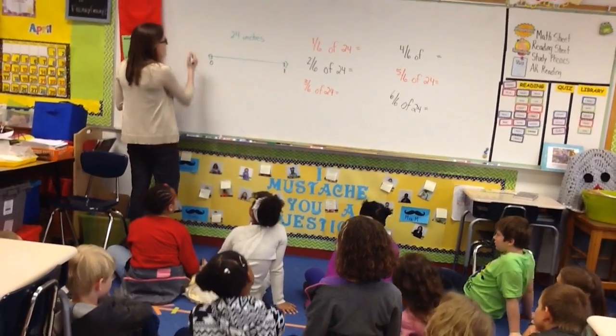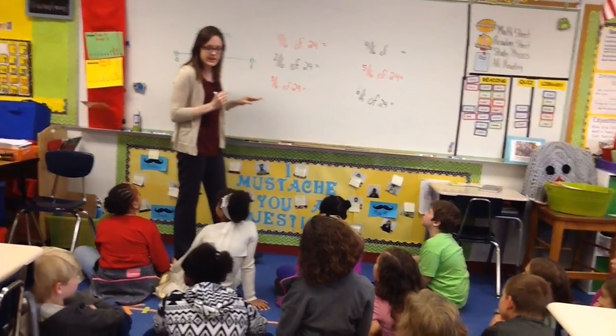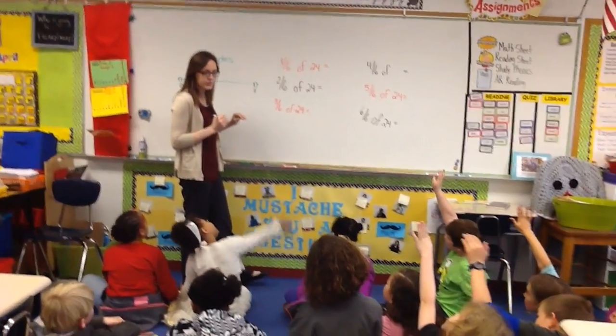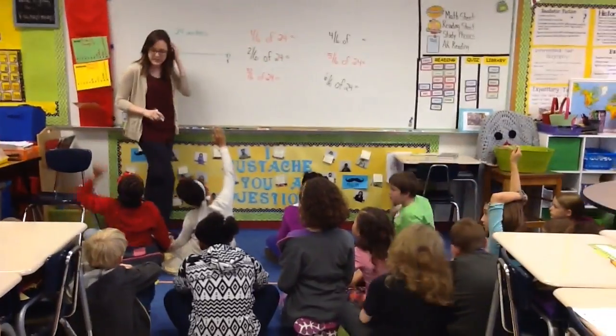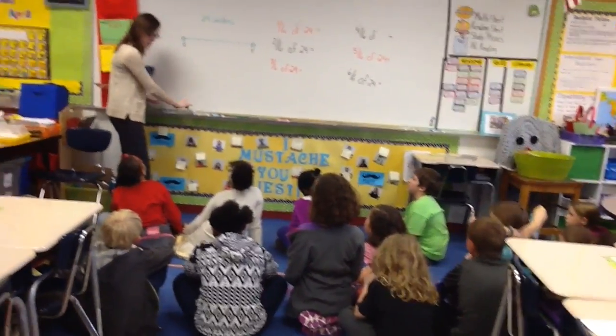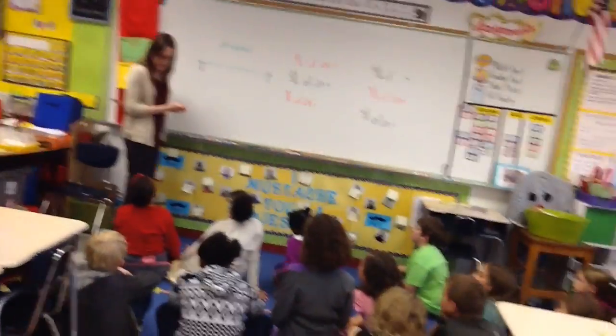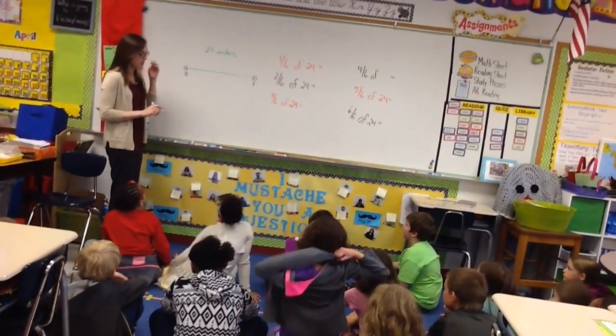So we easily found what 1/6 of 24 is. How did we do that? Somebody tell us what we do. First, what operation do we use? What do we use, Marissa? We use multiplication or division. You can use multiplication or division. Okay.